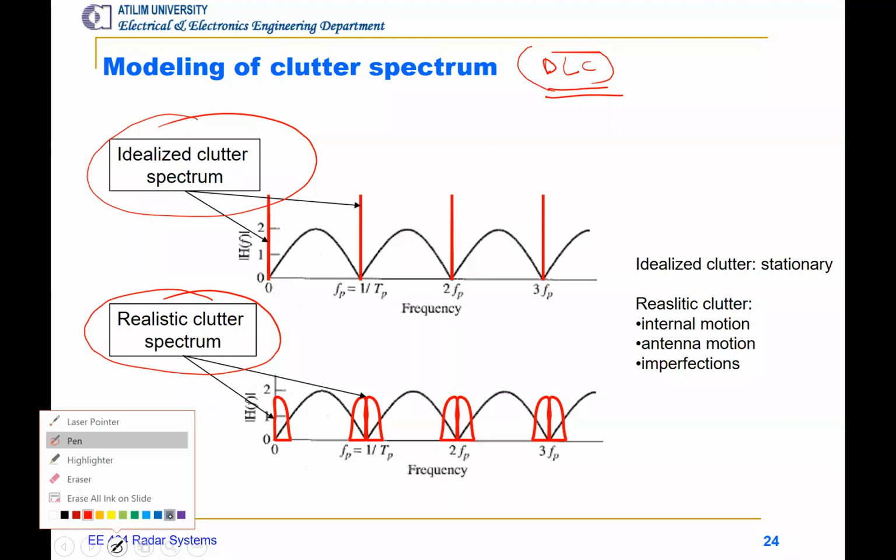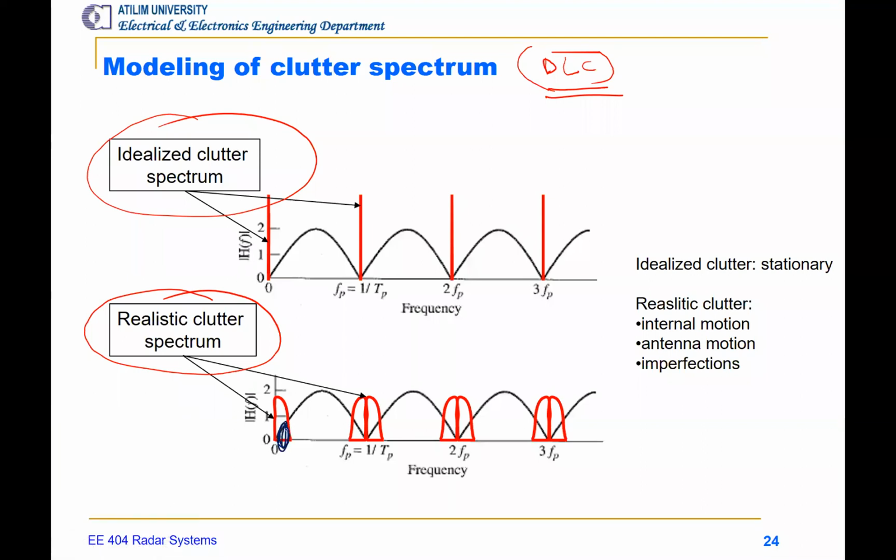Especially in this area, we have some spreading, where we can measure some Doppler shift due to the clutter, or here. These are the regions where my DLC gives Doppler shift, but that's not due to the target, that's due to the clutter.